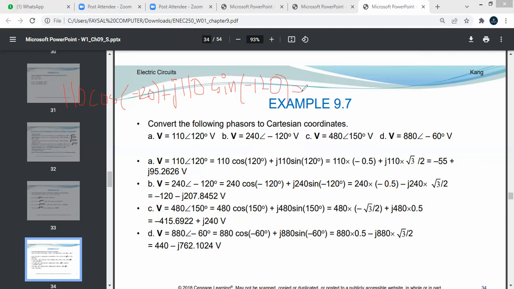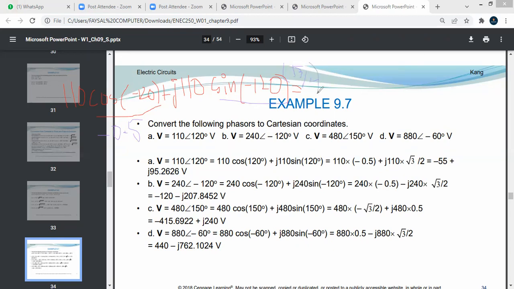After this, we have to find the values of cos negative 120 and sine negative 120 in the calculator. So what is the value of cos negative 120? Cos negative 120 is my negative 0.5. I have to write here that cos minus 120 equals minus 0.5, and sine minus 120 equals negative root 3 upon 2.